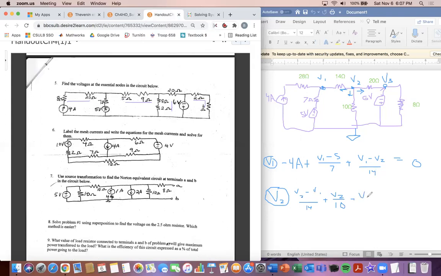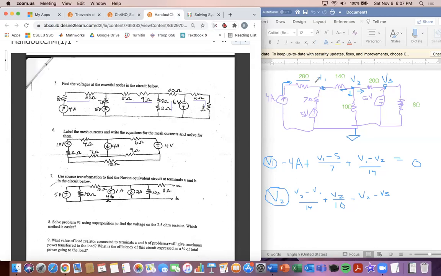Oh, hey, Brian. Yeah, forgot about the 28 ohms, right? You forget about the 28 ohm resistor here because we have an independent current source. So for that independent current source, we do not need to take this 28 ohm resistor into account. When you write your equation going through this terminal, it's just going to be that 4 amps is going through it.